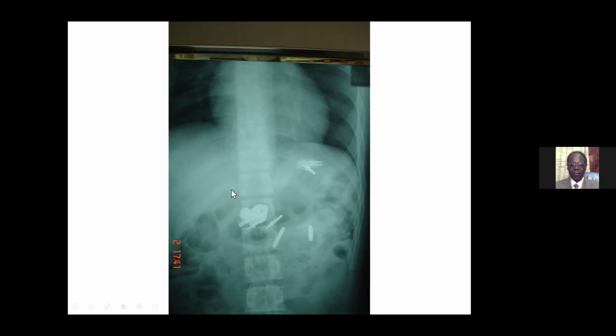Further proving that some are in the stomach, some are in the jejunum. They are on their way out. So we just give it 24 hours and we repeat another X-ray of the abdomen. If we don't see anything, we assume it has passed out in fecal material.